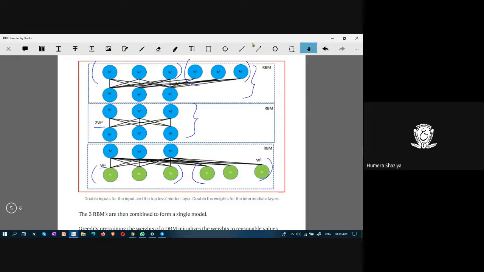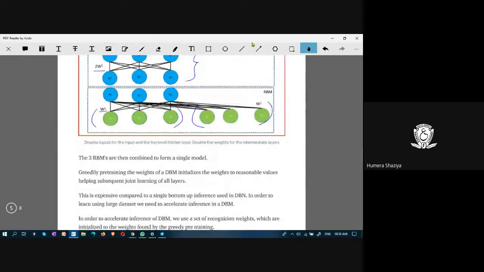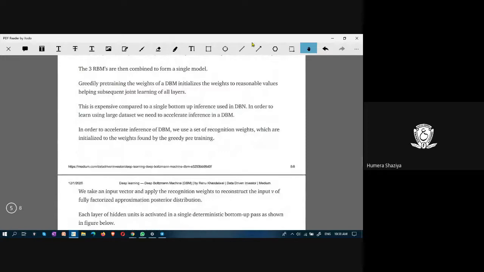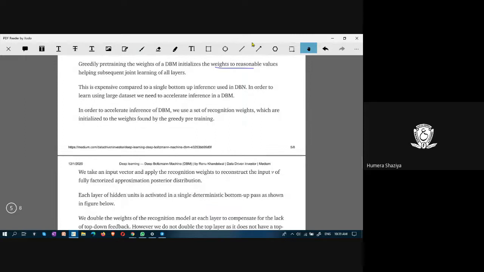When you stack them up, they form a single DBM. And greedily pre-training the weights of the DBM initializes weights to reasonable values such that the joint learning of all layers is made efficient.